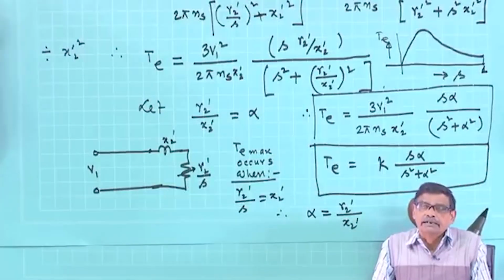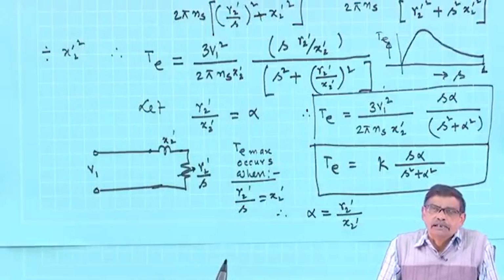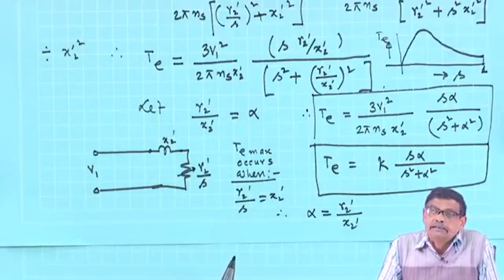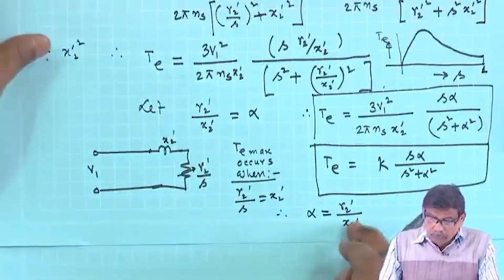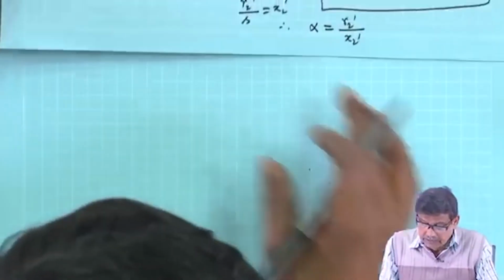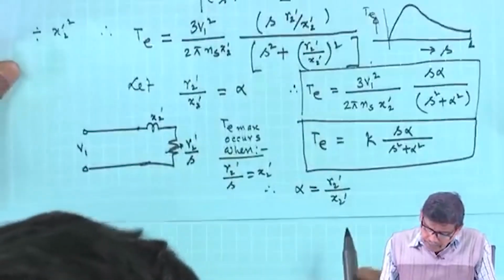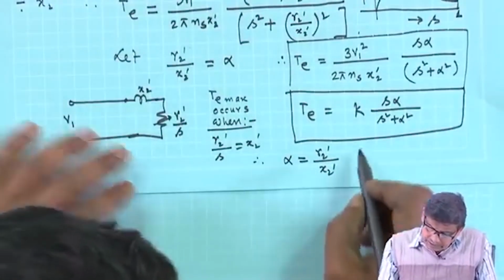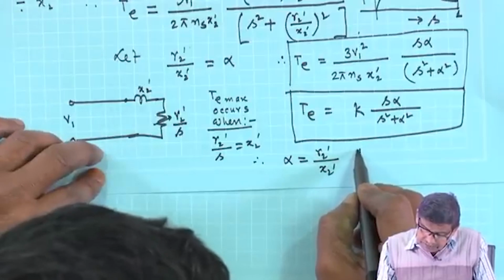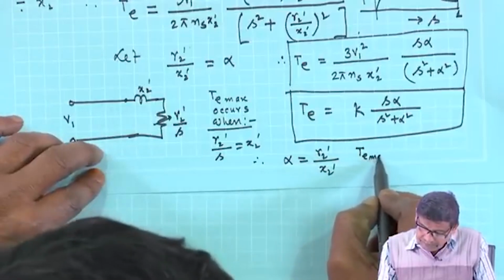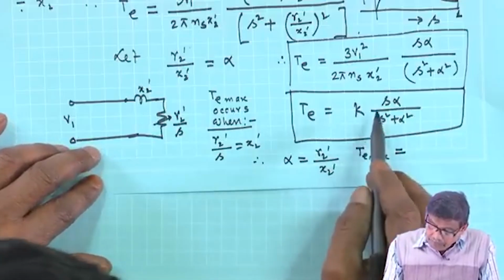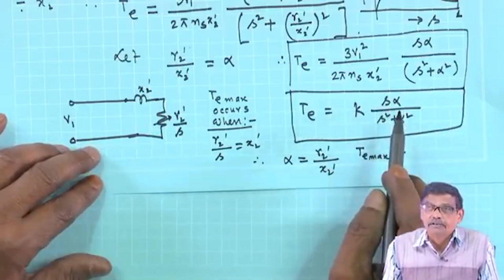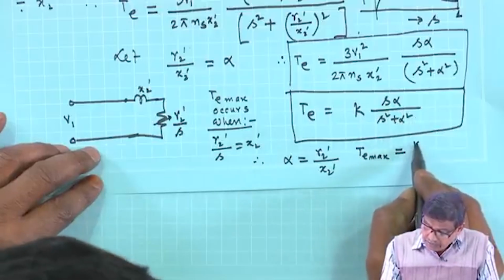Problems are often set assuming stator impedances neglected as well as stator losses neglected. So, with that in mind, here once again you see the value of T max: the maximum value of the torque will be for S equal to alpha. If you do that, it will be k by 2.